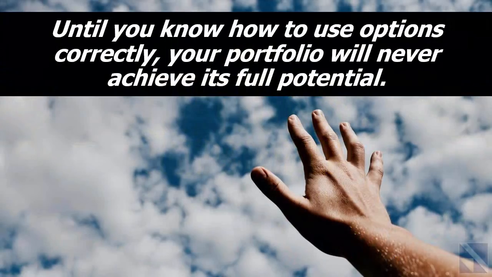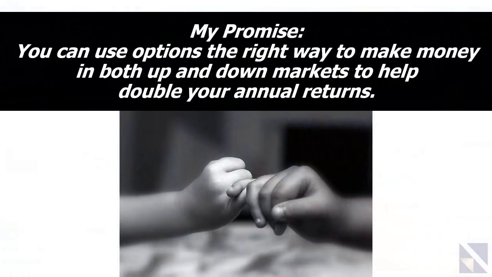That's another way you're going to be able to grow your portfolio faster. Just understand that you've got to learn options to take the cap off of your portfolio. My promise to you today is that in this webinar, you're going to see how you can use options the right way to make money in both up and down markets, to help you possibly double your annual returns.